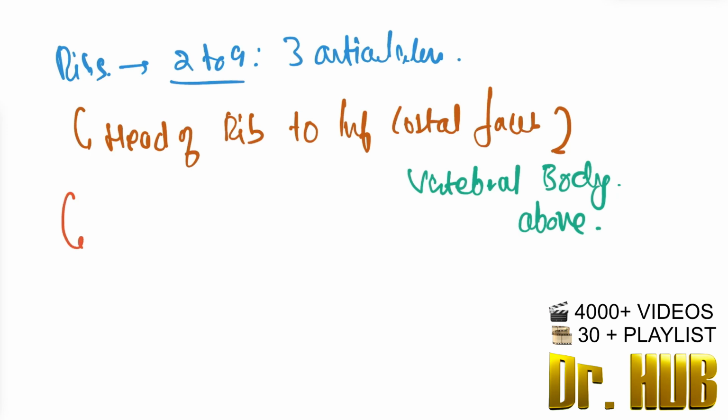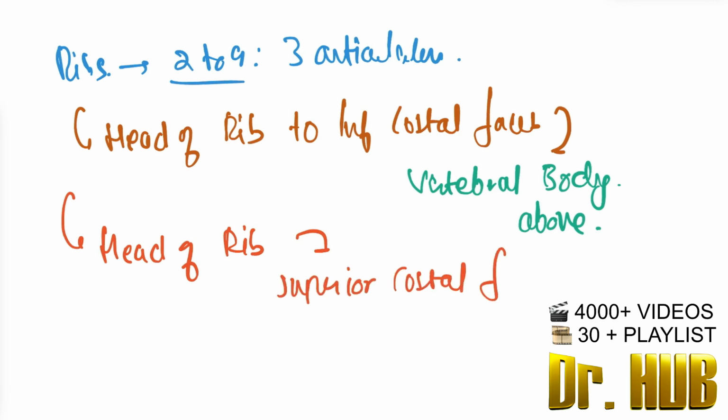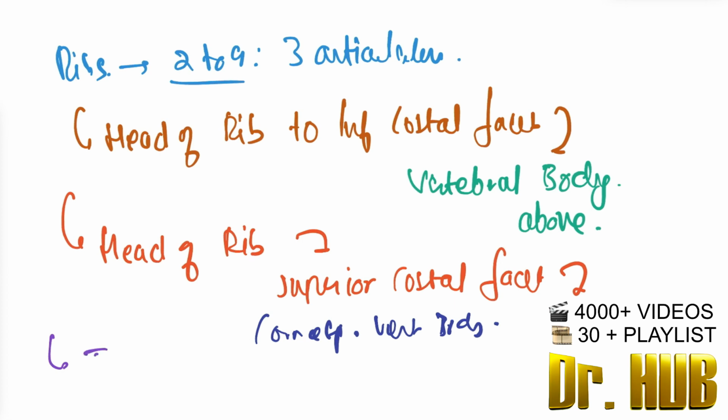Next is the head of the rib to the superior costal facet, and this is the corresponding vertebral body. Next comes the tubercle of the rib, and this articulates with the transverse process of the corresponding vertebra.